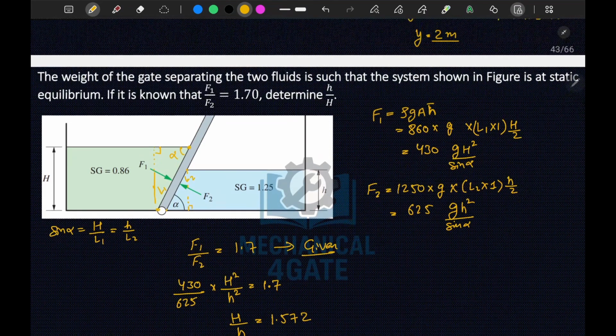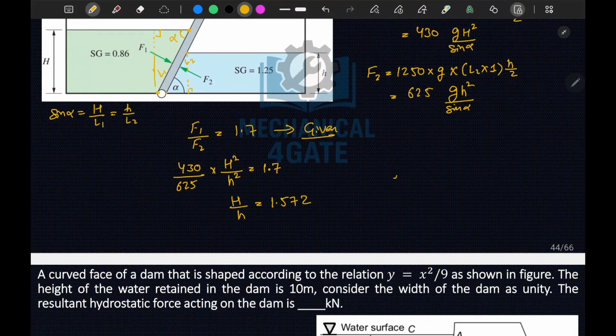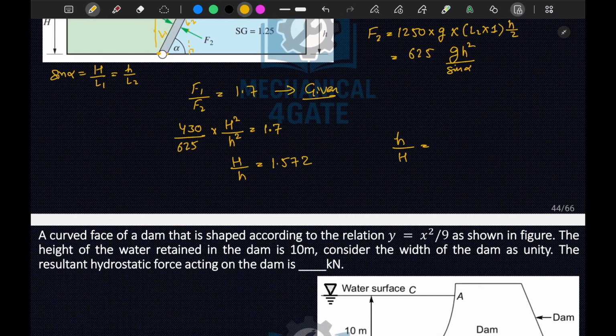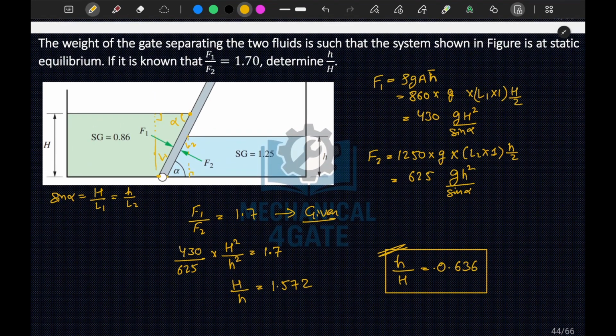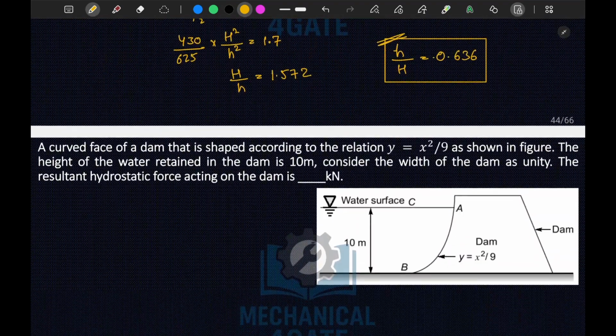Okay, so asked is small h by capital H, so we will directly inverse it, the power minus 1. So this becomes 0.636. I hope you understood this. Okay, now moving to next question.